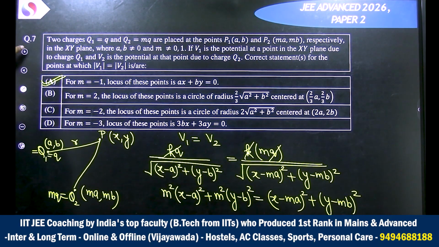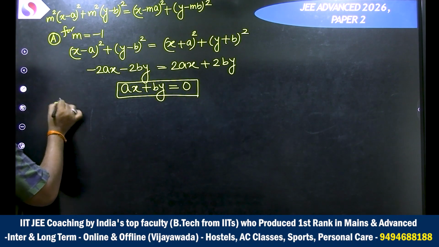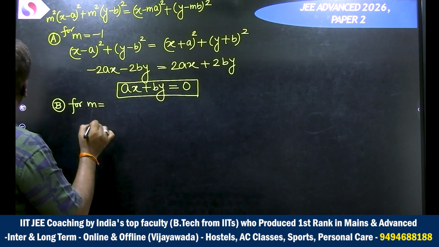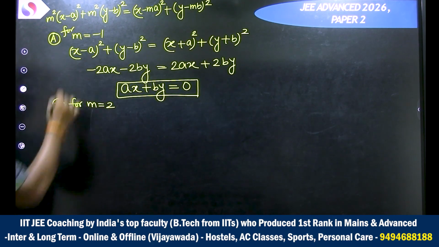Similarly, for the second one, now they are talking about the second one, for m equal to how much? What is the m value? 2. M value is 2. So just put the value 2.